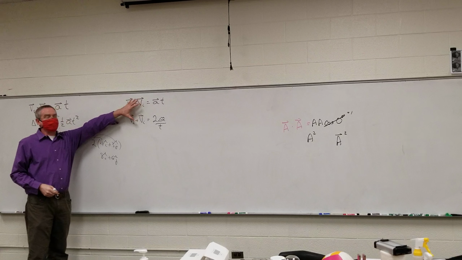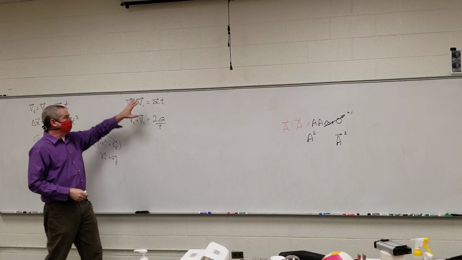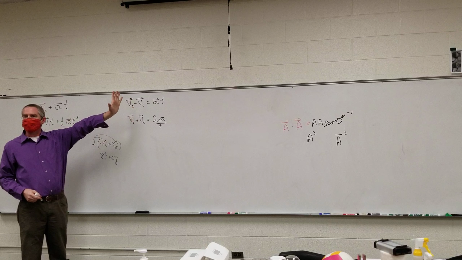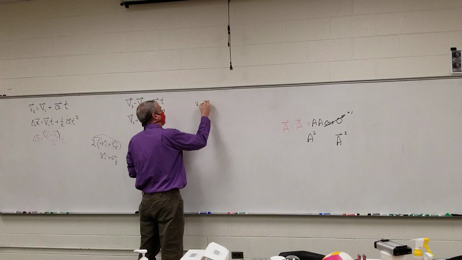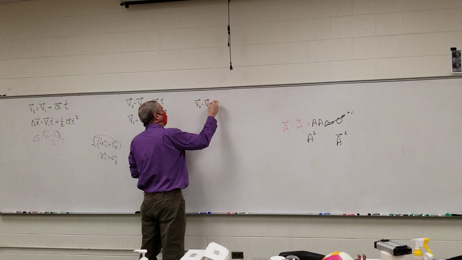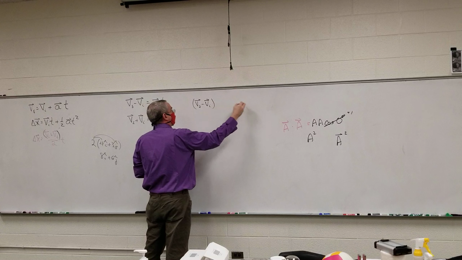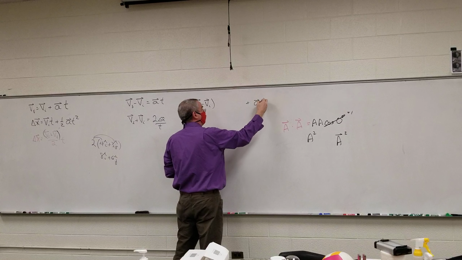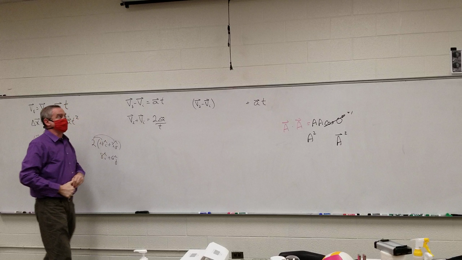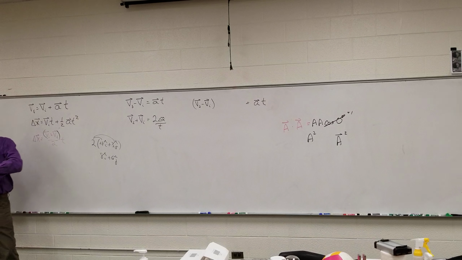All right, so I have this situation right here, and now I'm going to do a dot product between the left sides and the right sides. So I have VF minus VI is equal to AT. The math people tell me as long as I multiply both sides by the same thing, it's still legitimate.